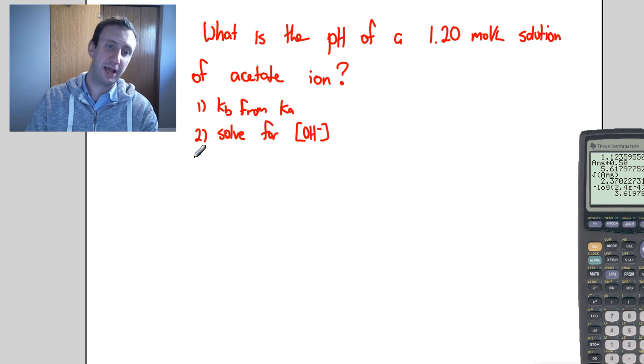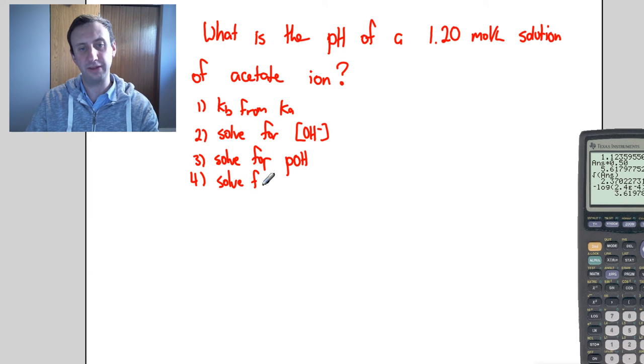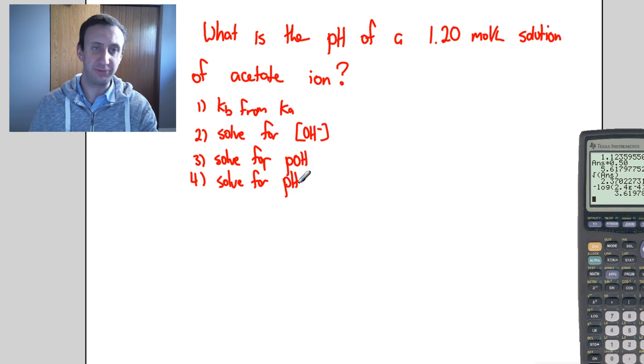Then after that, we're going to have to solve for pOH. And then finally, we're going to have to solve for pH using the pOH. So I would say that we've got 4 big steps here that we're going to be going through.